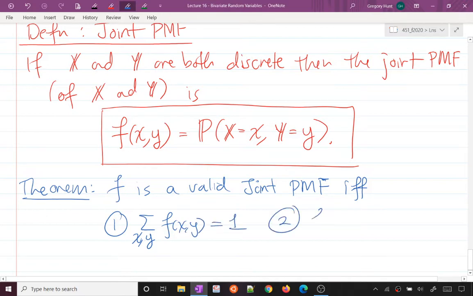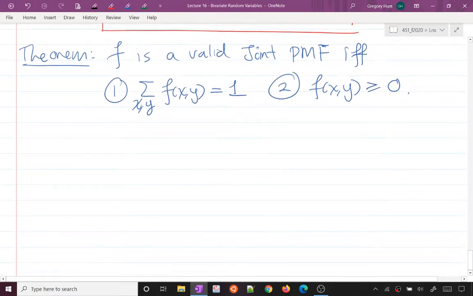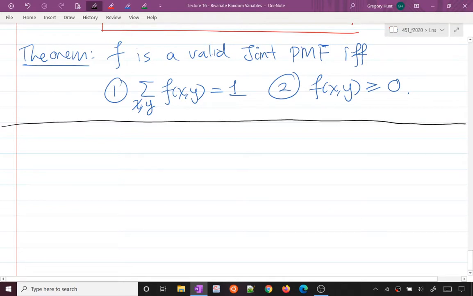And second, f of x, y is nonnegative. This is very analogous to our univariate case. In the univariate case, a function is a valid PMF if it's nonnegative and sums to 1 over all possible values in the support. Now we have two variables at a time, so the two-variable function f of x, y had better be nonnegative, and if I sum over both x and y, over that plane or two-variable collection, it had better be 1.